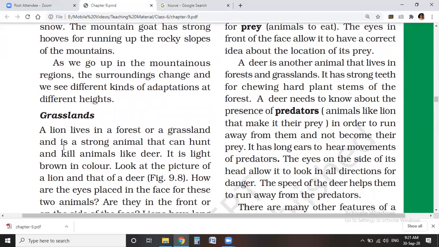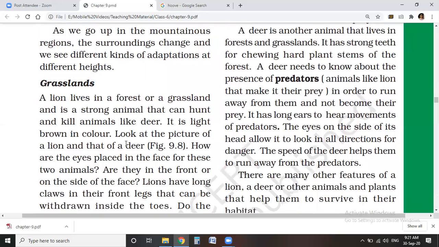Okay, and then the next terrestrial habitat is grassland. In terrestrial habitat, we discussed the desert. Desert is a type of terrestrial habitat, a mountain region is also a type of terrestrial habitat, and grassland is another type of terrestrial habitat.